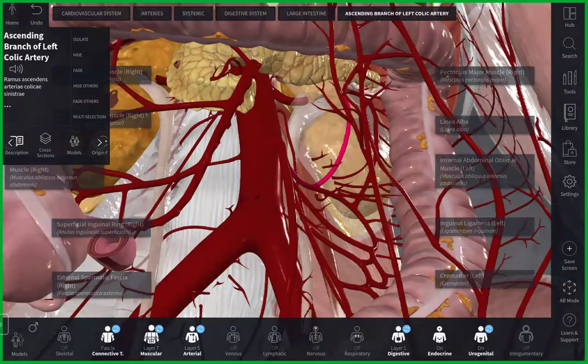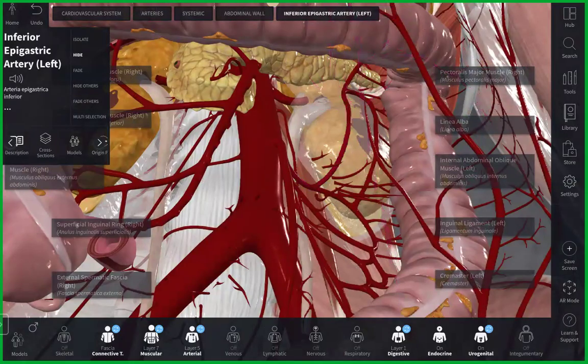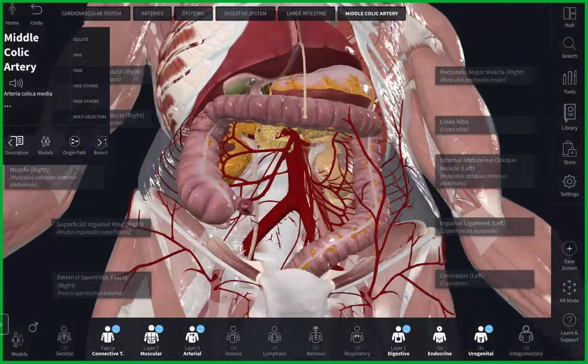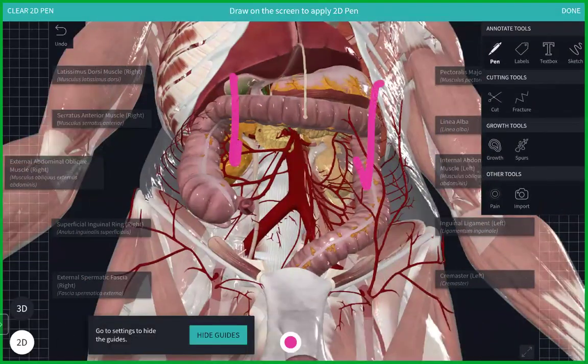So you can see that left colic artery is the first branch of inferior mesenteric artery and middle colic artery is the last branch of superior mesenteric artery. Now what happens? Let me simplify it. If due to any reason this left colic artery is blocked, then middle colic artery will supply this area.